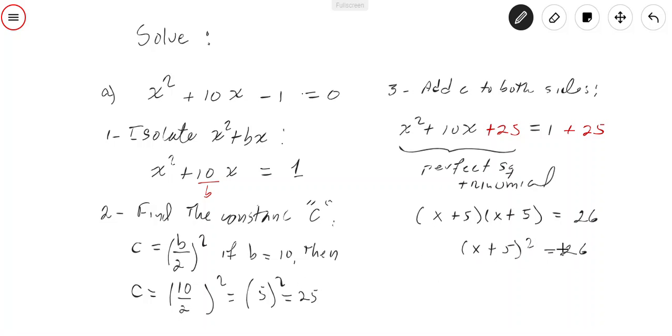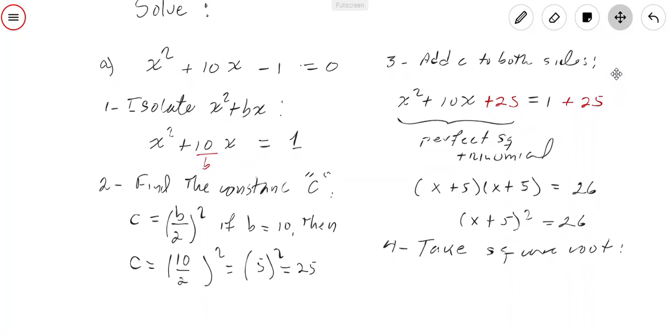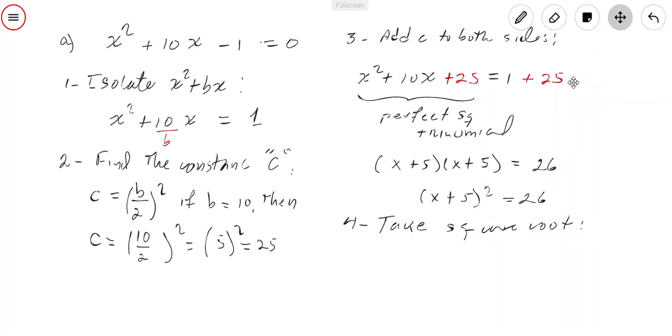And we got a quadratic equation that is ready to be solved by taking a square root. So the next thing I'm going to do is take the square root, exactly as we were doing in the previous examples. If x plus 5 squared is equal to 26, it's because x plus 5 is equal to plus or minus the square root of 26.